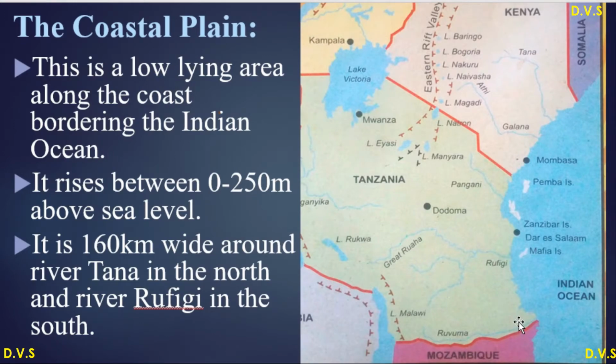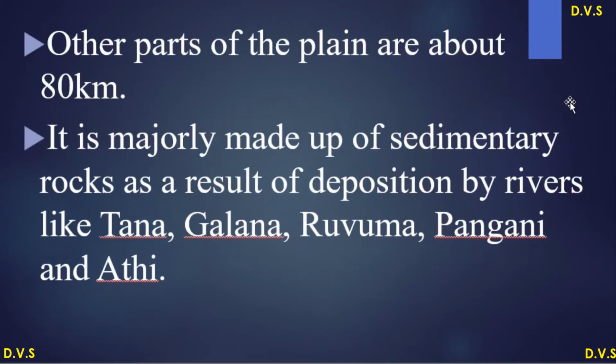It is 160 kilometers wide around River Tana, in this area here, up to this side of River Rufiji in the south. So this is the coastal plain, the landmass near the coast of the Indian Ocean.